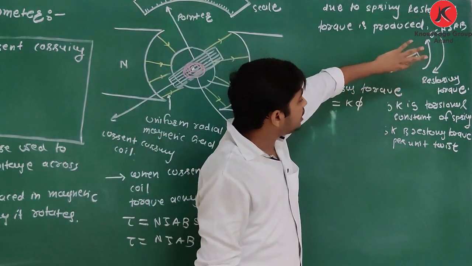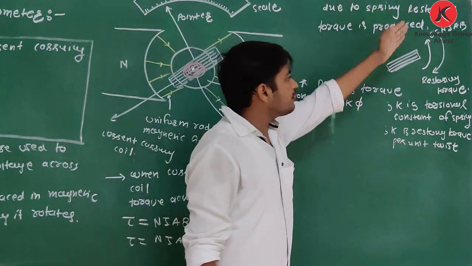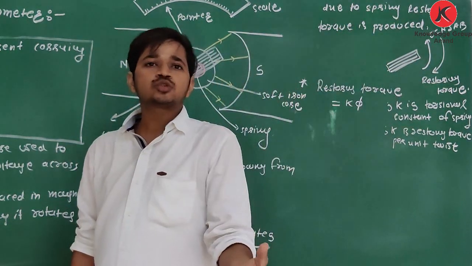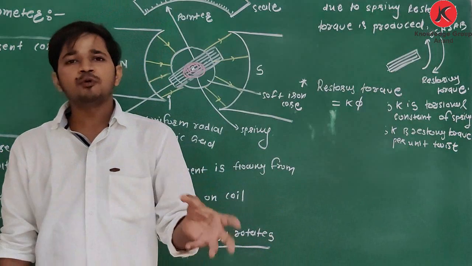Tau equal to NIAB tries to rotate the coil. K phi, that is the restoring torque, tries to bring it back to its original position.